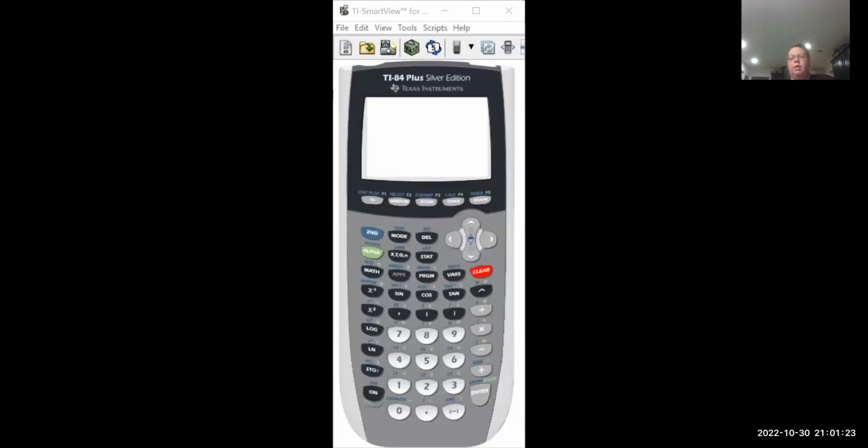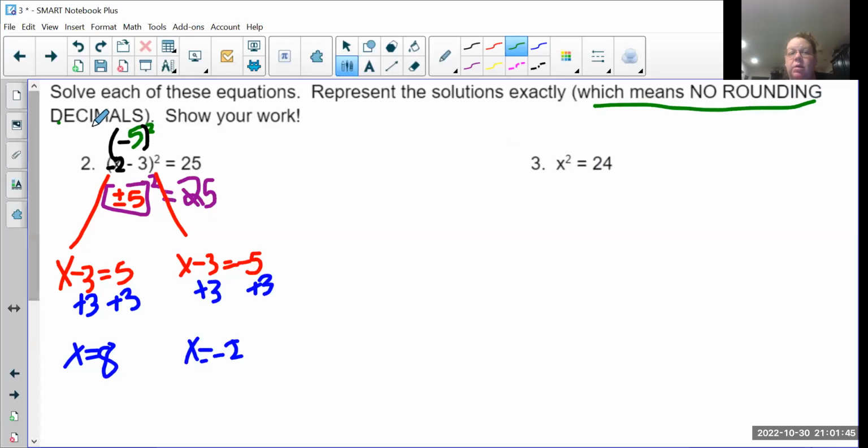When we put that in, we get a decimal and we can't put it back into a fraction because it's an irrational number. So we can't do anything with this. I remember the directions said, you read the directions, that you cannot round decimals. So therefore we have to leave it as the square root of 24.